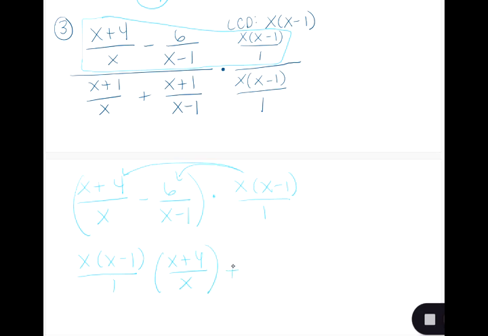I'm going to actually write it as plus x times x minus 1 over 1 times a negative 6. So all I did was take this negative that was out front here and I attached it to the 6 instead. It helps for me to not make a mistake with my signs. Everybody's different, and so if you would rather leave it as minus right here, you can do that. I just prefer to keep it with my number.